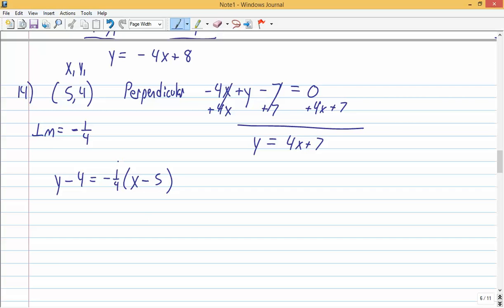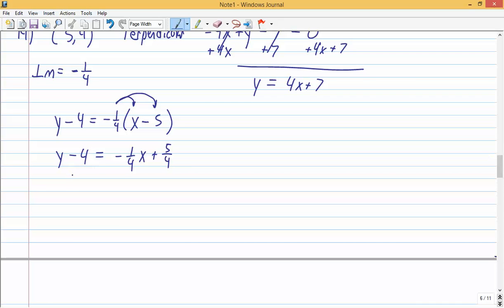Now if it asked for point-slope form, I'd be done, but it asked for slope-intercept form. So distribute your negative 1/4. You have y minus 4 equals negative 1/4 x plus, a negative times a negative is a positive, 1/4 times 5 is 5/4. Now I need to make this y equals. So I add 4 to both sides. So I have y equals negative 1/4 x.